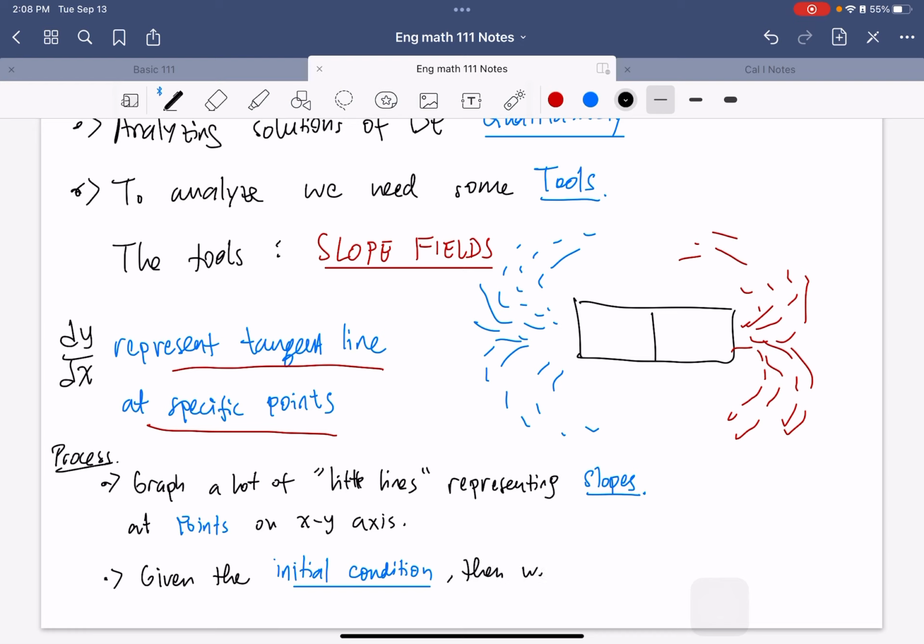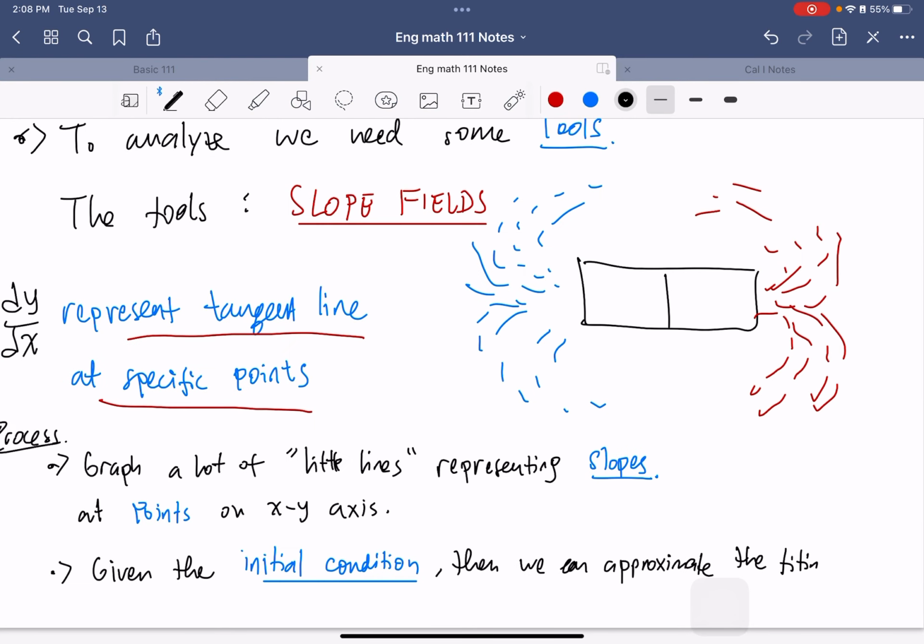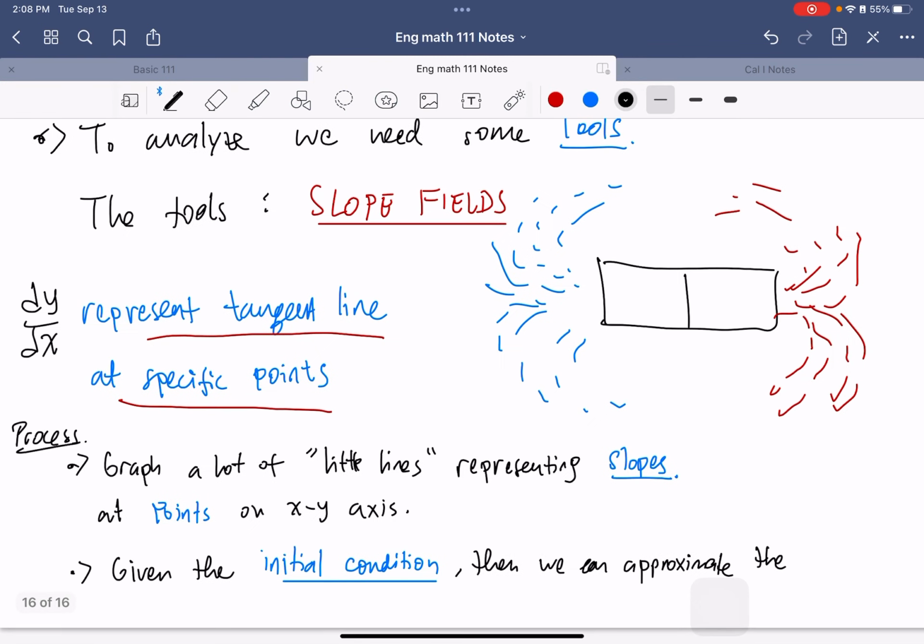Then we can approximate the fitting curve. Let me write here the fitting curve. Let me just show you how, in the next page, more practical.